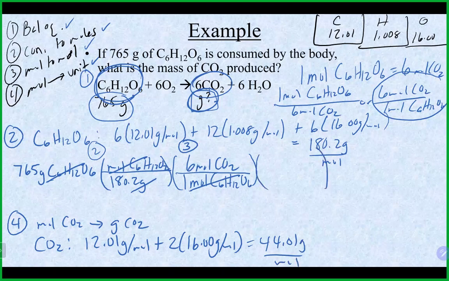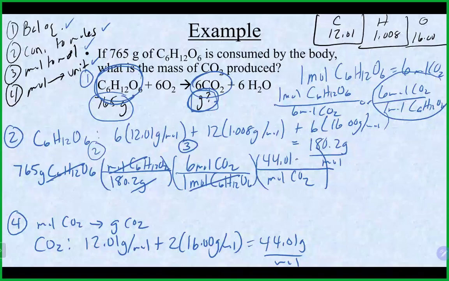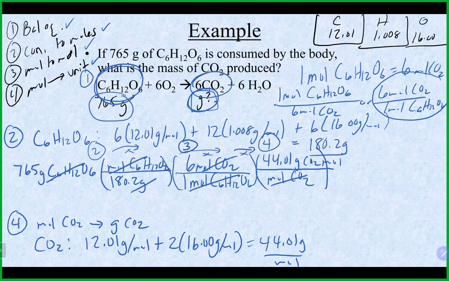We could tag on the end: CO2 is on top. That means moles of CO2 need to go on the bottom to cancel. 44.01 grams of CO2 up on top. The moles are going to cancel. Once again, we are doing step number 4 there, and we are multiplying everybody on top and dividing by whoever's on the bottom, essentially what we're doing.